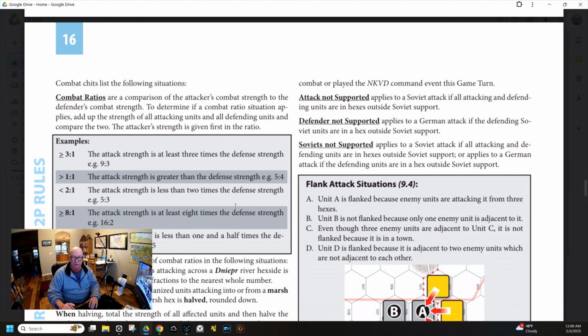Defender not supported applies to a German attack if the defending Soviet units are in a hex outside the Soviet support. And Soviets not supported applies to a Soviet attack if all attacking and defending units are in hexes outside Soviet support, or applies to a German attack if the defending units are in a hex outside Soviet support.